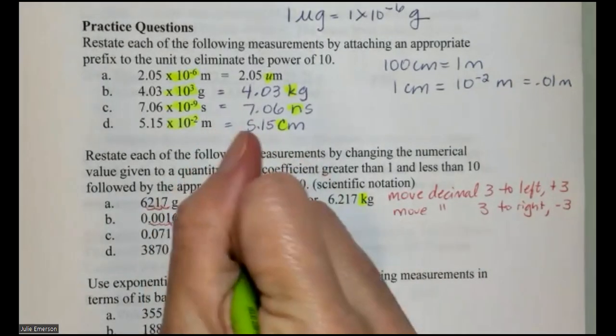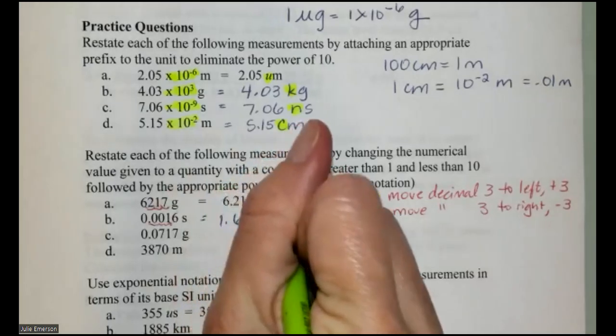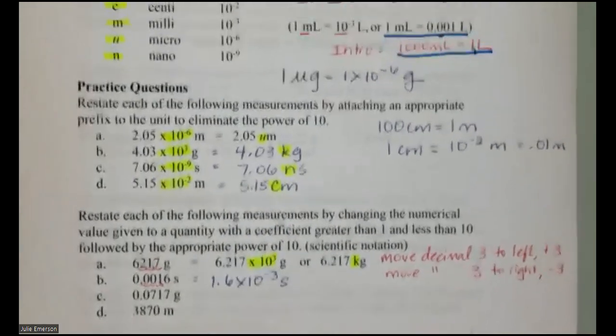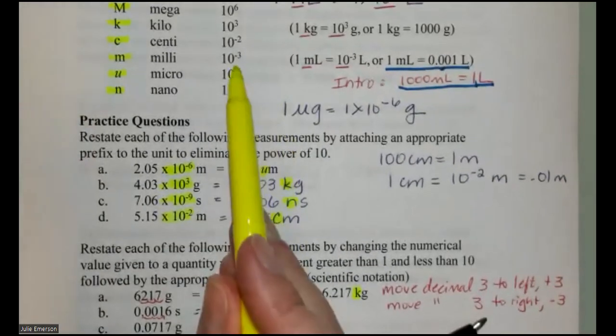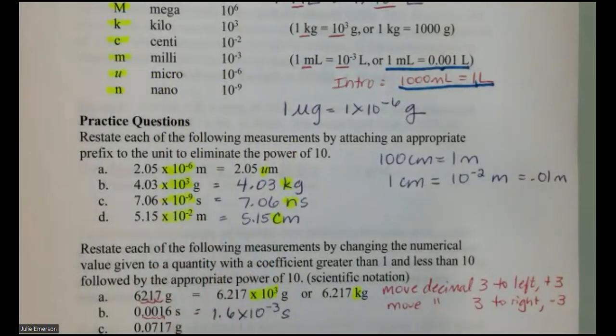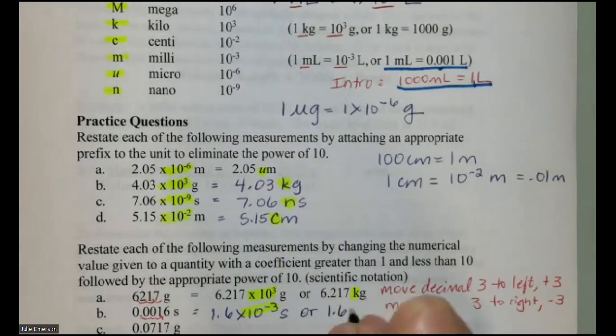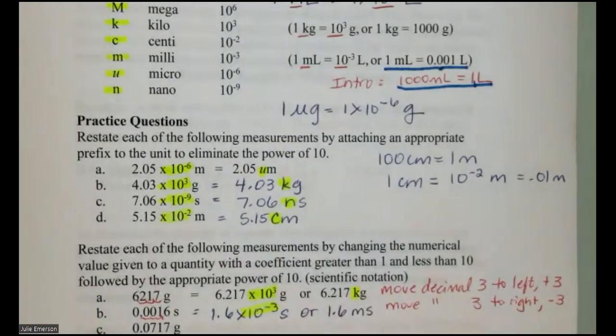So this is going to be the same as 1.6 times 10 to the negative 3 seconds. And then we go up to our prefix chart if we need to, and 10 to the negative 3 is the same as milli. So I'm going to replace that times 10 to the negative 3 with milli. So this is 1.6 milliseconds, ms.